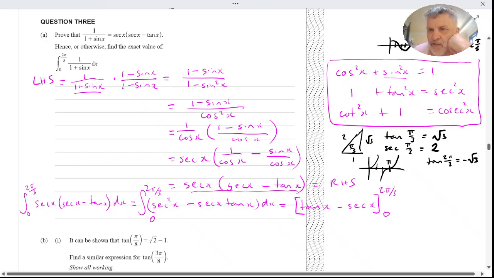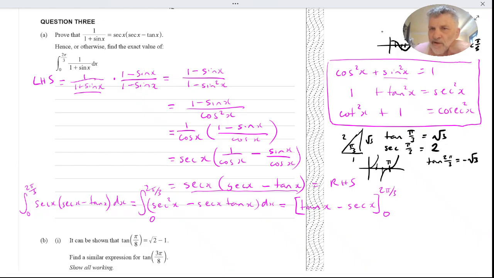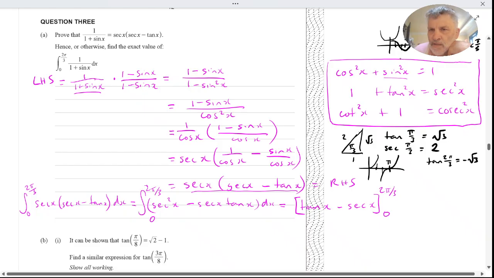We've determined that from a cosine graph, but as I say, cosine is the reciprocal, so secant graphs look like this somehow. But they repeat in the same sort of period. The value here on the secant is going to be the negative of the value here. So that means sec 2 pi over 3 is negative 2.